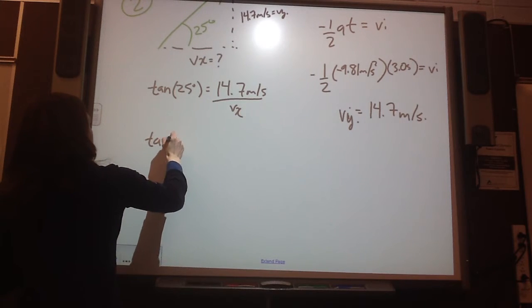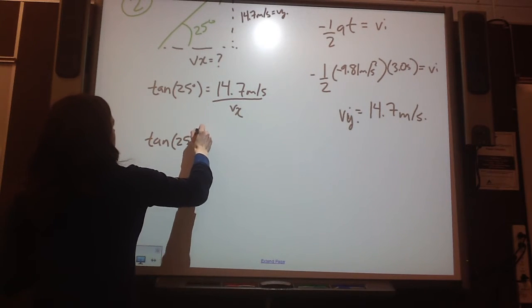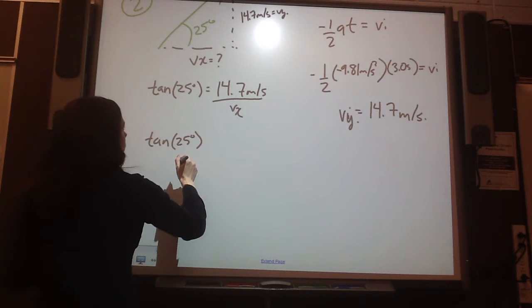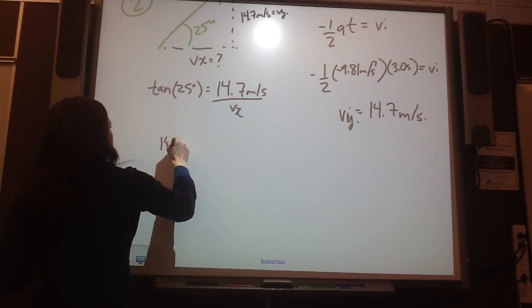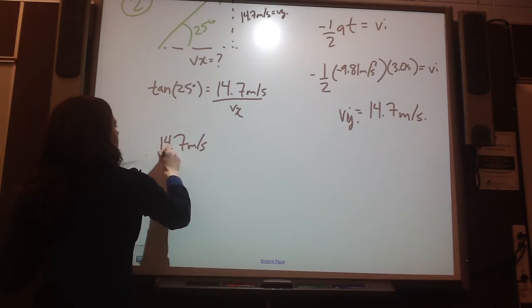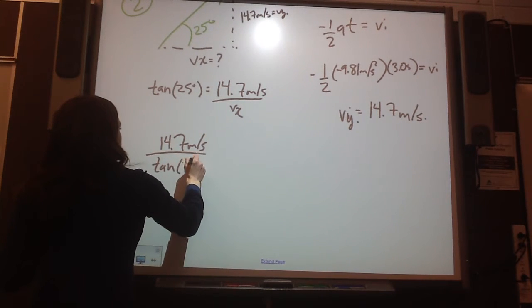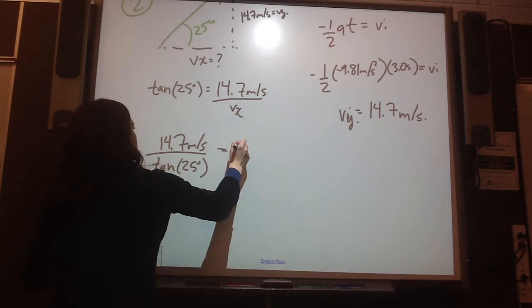So tan 25 degrees, multiply that. So 14.7 meters per second divided by tan 25 degrees to get Vx.